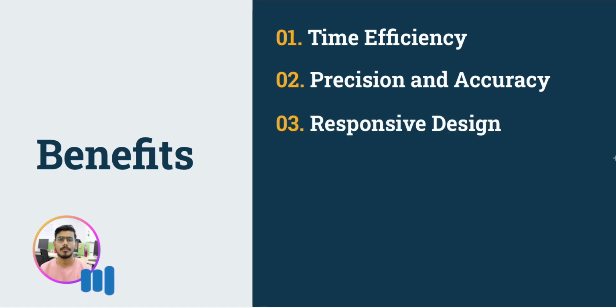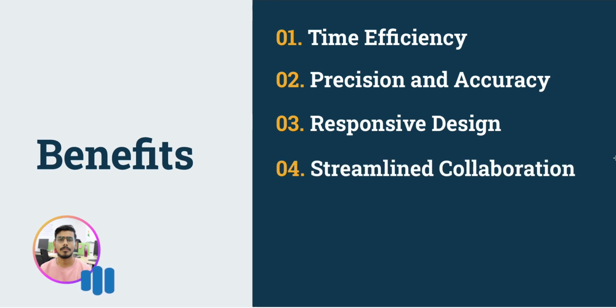The third benefit is responsive design, as these AIs give the code for whatever sections or Figma designs. The code is responsive and it will give you the code for every screen. The fourth benefit is streamlined collaboration, as these tools facilitate collaboration between designers and developers, allowing for effective communication and quicker feedback loops.